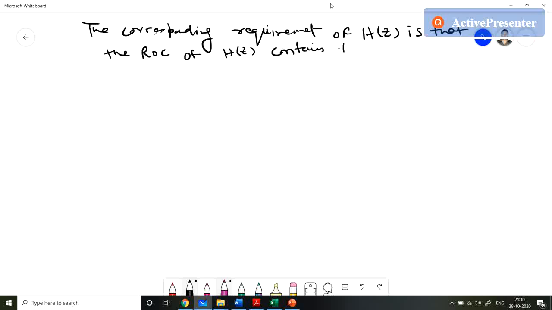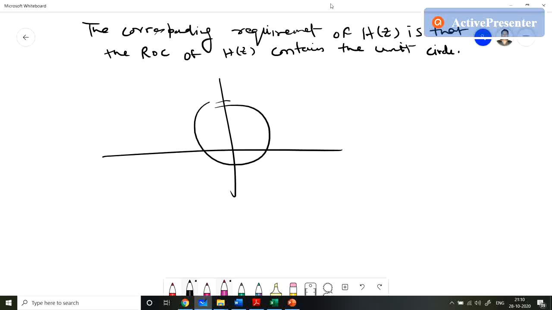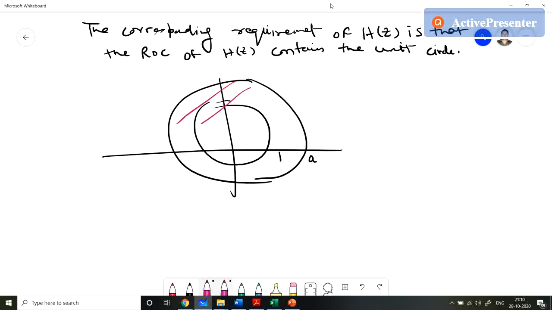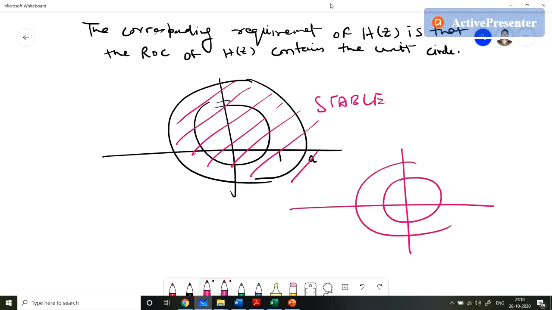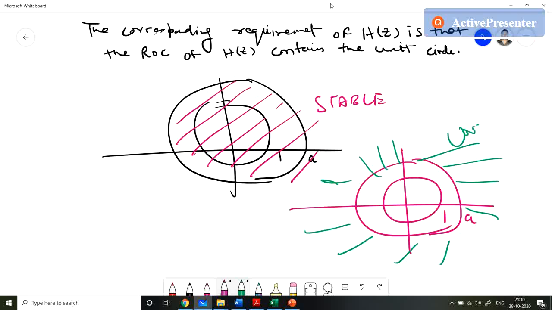Suppose this is the unit circle, and some point A is there. Now if the ROC contains the unit circle, then it is stable. And if the ROC is like this, then this is an unstable system.